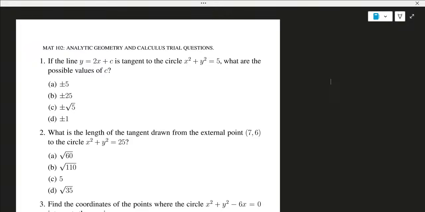So what we are going to do is solve all these series of questions. Some of them we will skip.